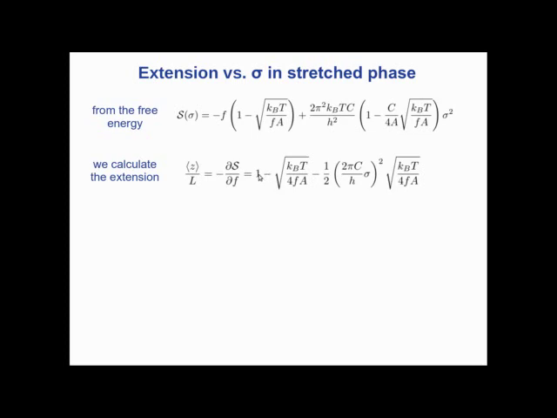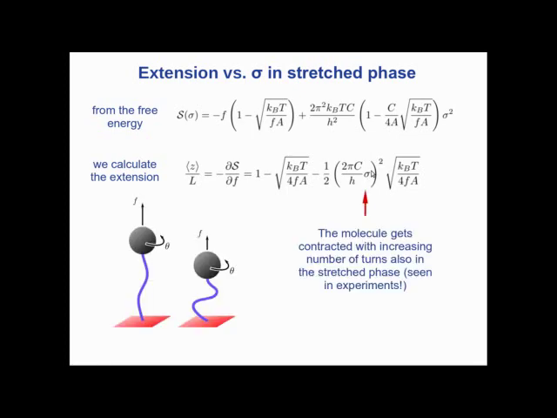The one where, when the force F goes to infinity, the average z is equal to L. This is the straight limit, the very high force limit. But on top of that, we have a term which depends on sigma squared, and this term in sigma squared tells us that the molecule actually gets contracted. I have a minus, increasing the number of turns.